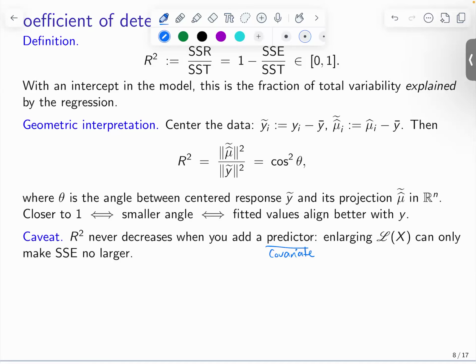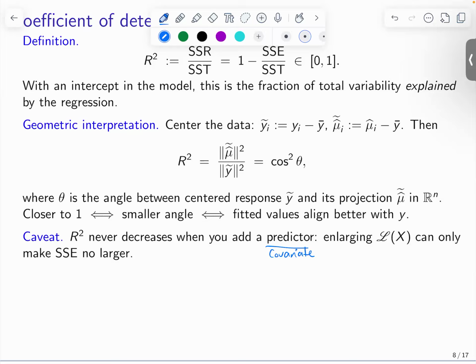So R squared goes up. Have you seen this before? So, okay, it's a problem. It's a good measure of fit, but it's not a good measure to do model selection. Because if you want to see whether adding more variables is better, it's always going to tell you it's better to add more.